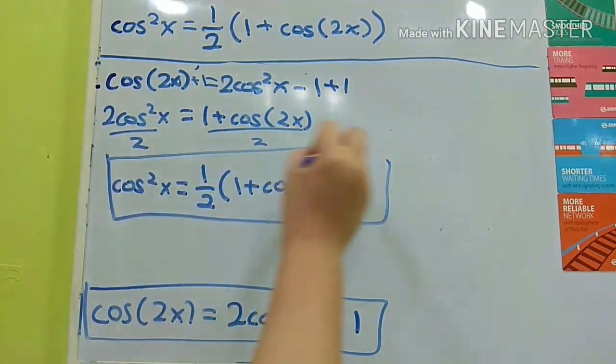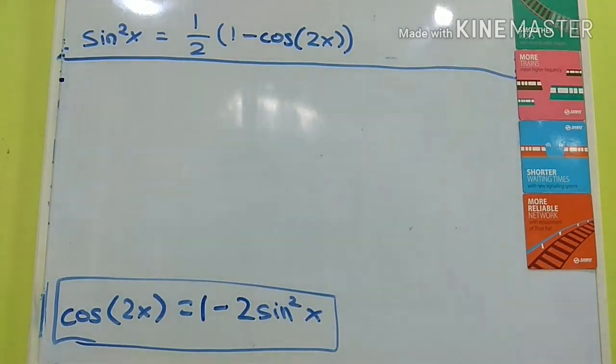Boom! We got it. Right, this is the last and final identity we're gonna do in this video. The sine squared of x is equal to half of 1 minus cosine of 2x. We're gonna use the identity we just proved again, but this time the variation, the third version, 1 minus 2 sine squared of x, to find this out.